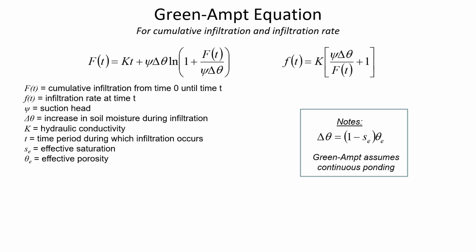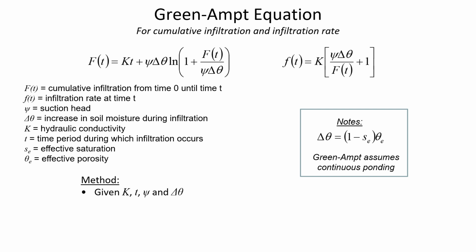And so we could talk about the porosity of the soil, but its effective porosity would be lower if it has voids that aren't connected. But the water can actually only fill up the voids that are interconnected. And so there's this differentiation between the saturation and the effective saturation. So S sub E is a parameter that will be given to you in a problem statement. That's how much of the saturation is effective, taking into account the voids that aren't connected. And effective porosity also is part of calculating the increase in moisture content.